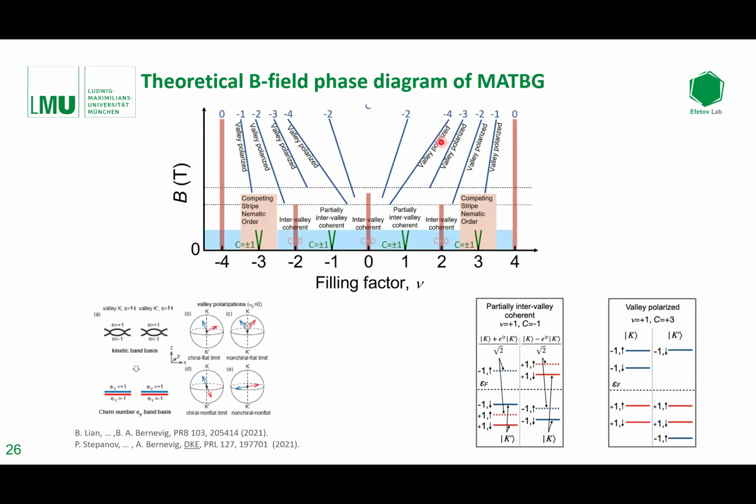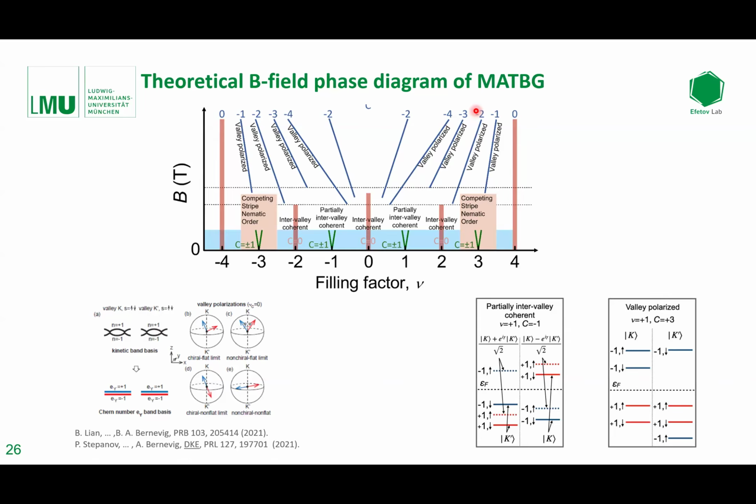So if you start from the charge neutrality point, you naturally construct a valley polarized state which has a Chern number of 4. If you start from filling factor 1, you naturally construct a valley polarized state which has a Chern number of 3, and so on. So this experimentally observed sequence of high field Chern insulators seems to align really well with the notion of these valley polarized states.